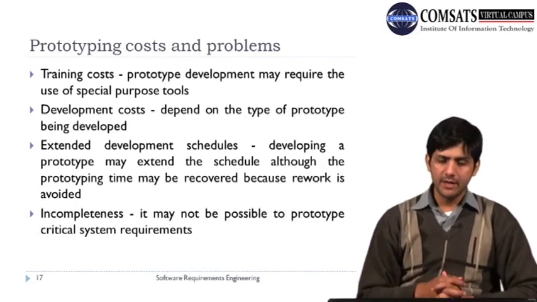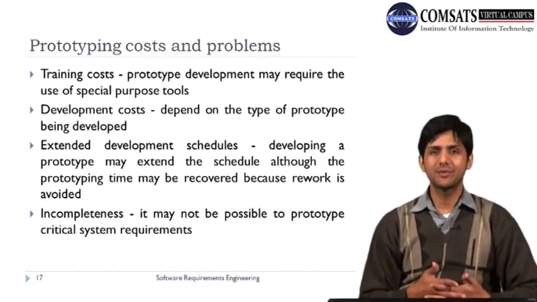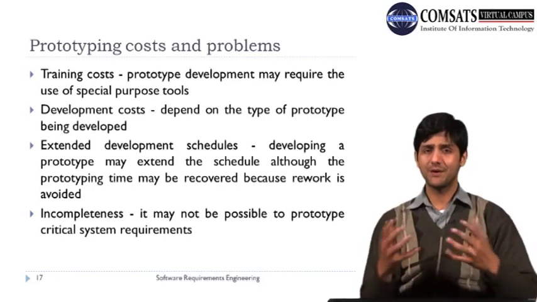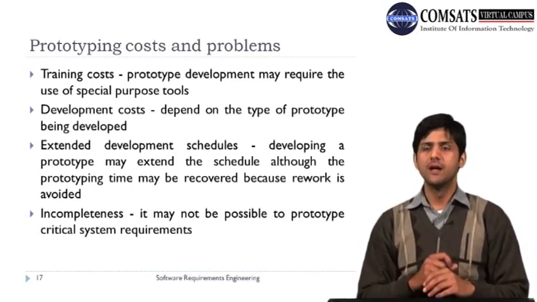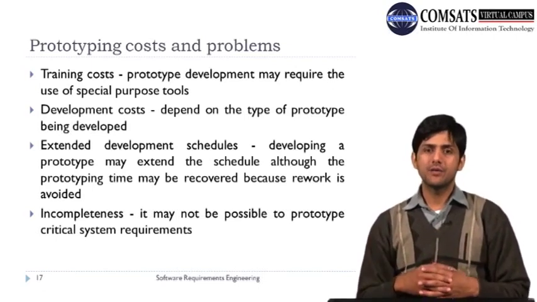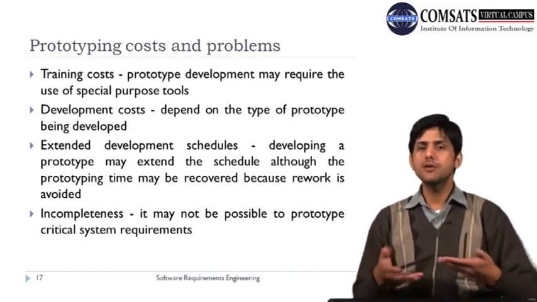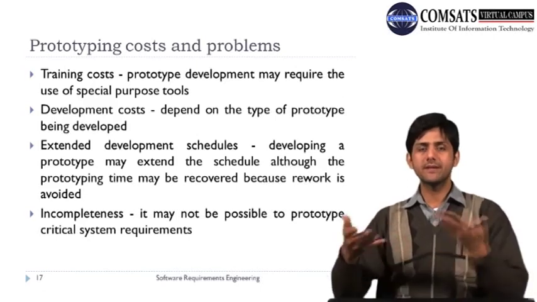And incompleteness: it may not be possible to prototype critical system requirements. So at times it may not be possible to do it. Normally we say that we just do the feasibility checking, as I gave you the example of that multiplayer free runner. In your prototype, you will not develop the complete system.